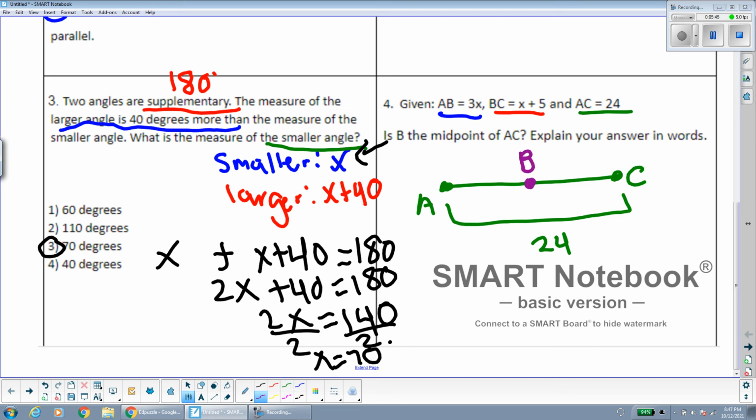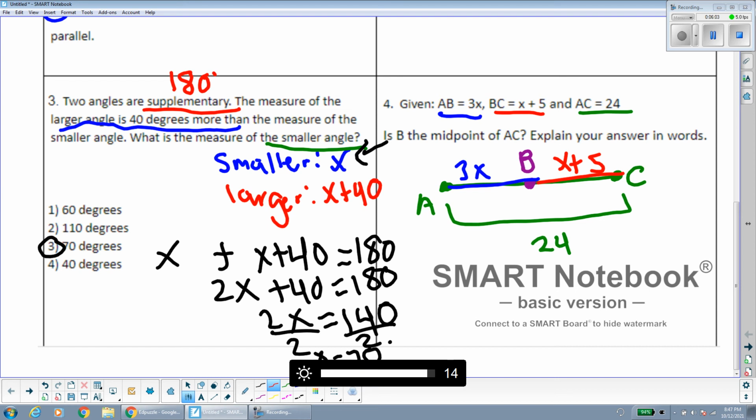I don't know exactly where. And we know that AB from A to B is 3x. And we know that BC from B to C is x plus 5. So we can find the x value, and then we can see if it does, in fact, split the line segment into two equal parts.